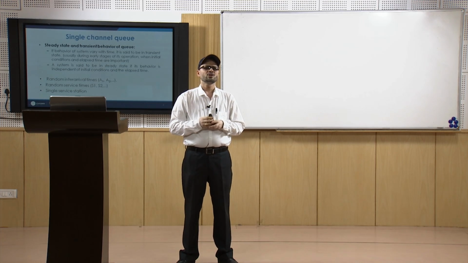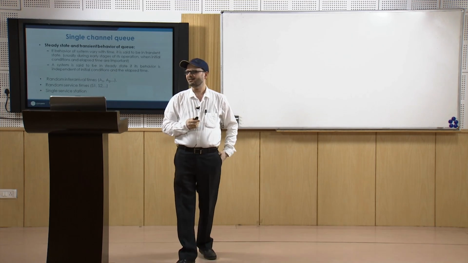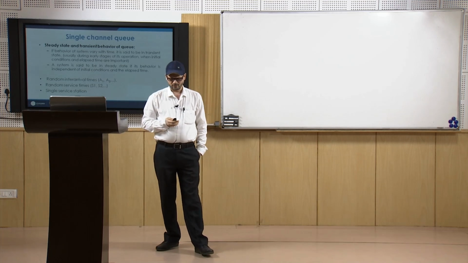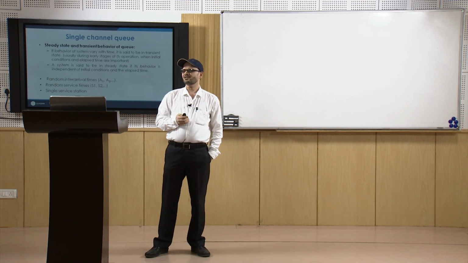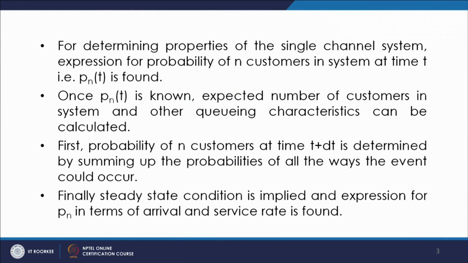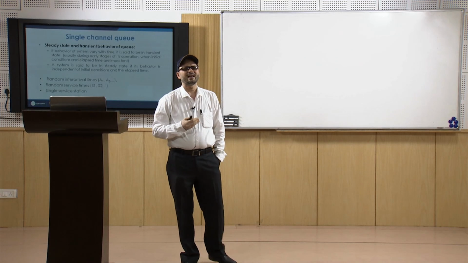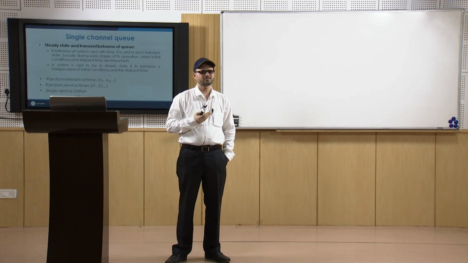For determining that, we normally express the probability of n customers in the system at time t, that is the expression for p n t, and once we know p n t, from there you can get other queuing characteristics.